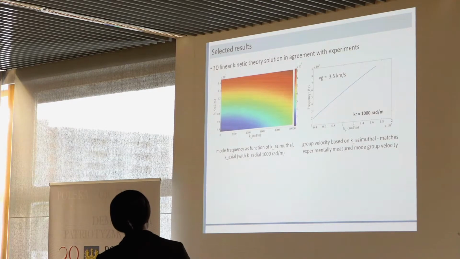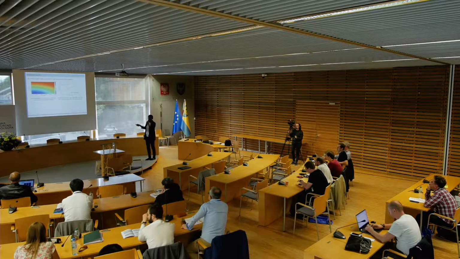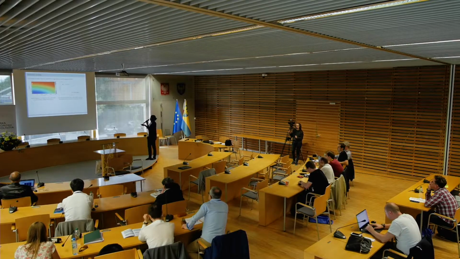So the frequency, this is in megahertz, so this is 9 megahertz up here, and then the blue is on the order of 1 megahertz. So what I've shown here is continuous. There are no gaps, no unstable lobes and stable lobes. The mode is always excited, whatever the value of wave number that you use.